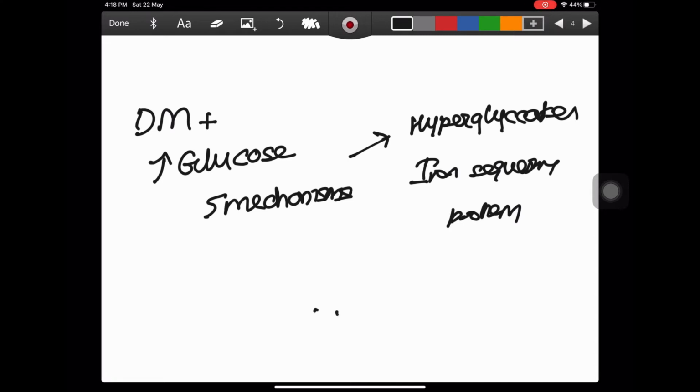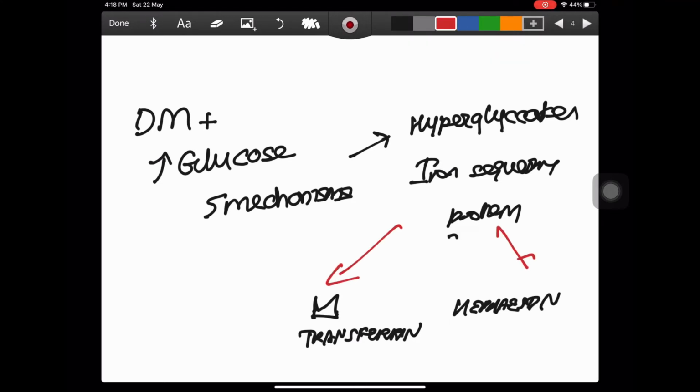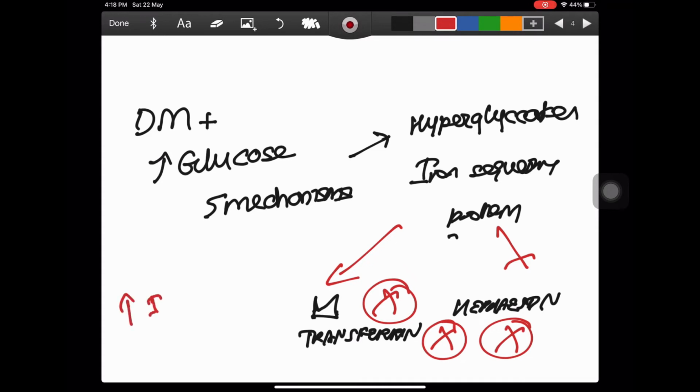So let's just imagine this is a transferrin, or a hephaestin. This hyperglycemia hyperglycates this, and these are not functioning properly. So there is an increase in iron stores.